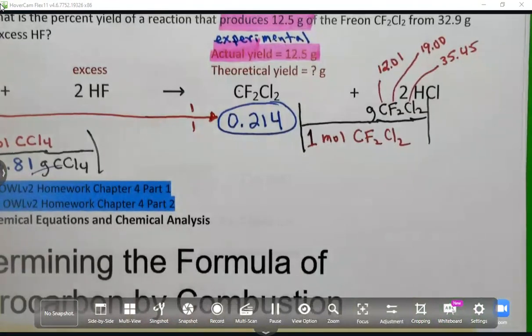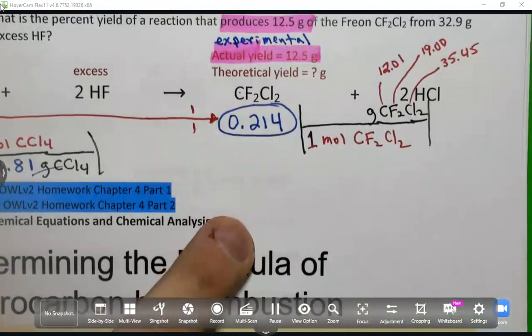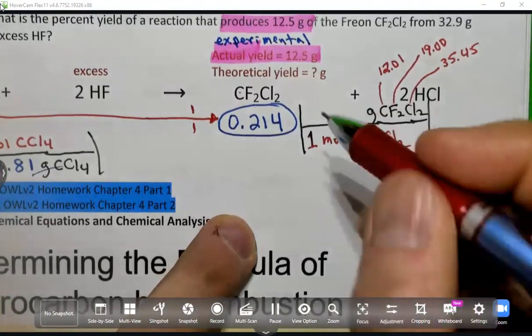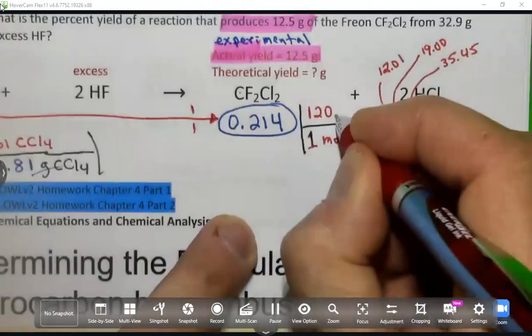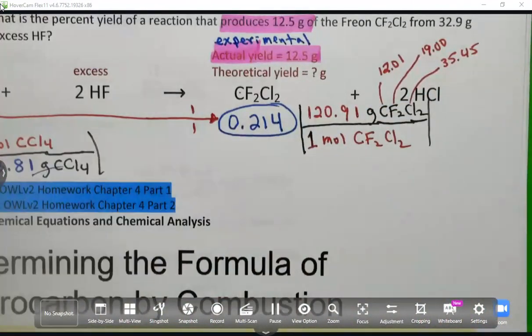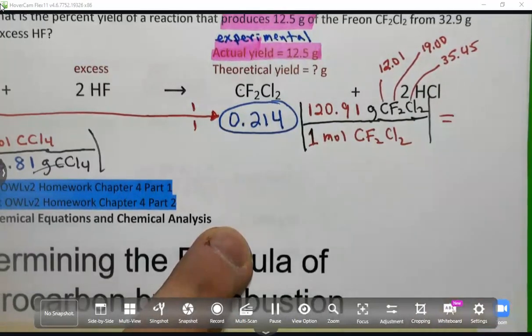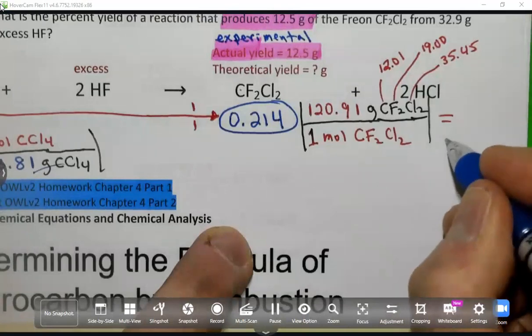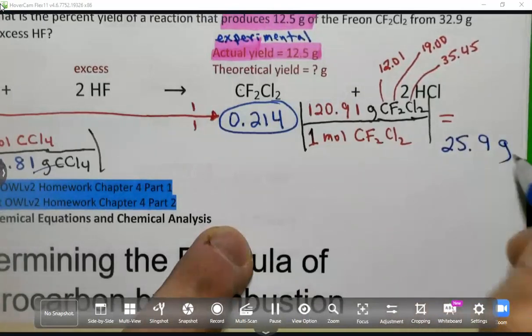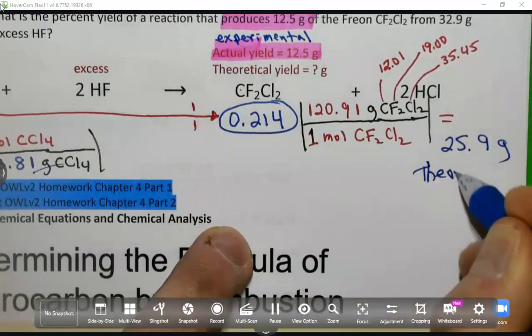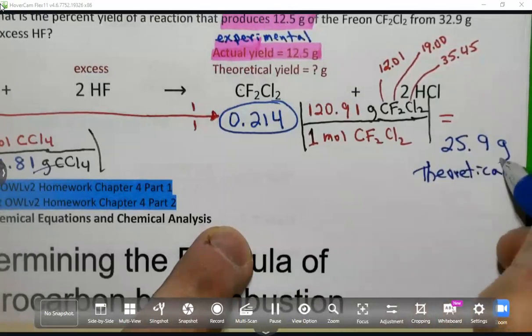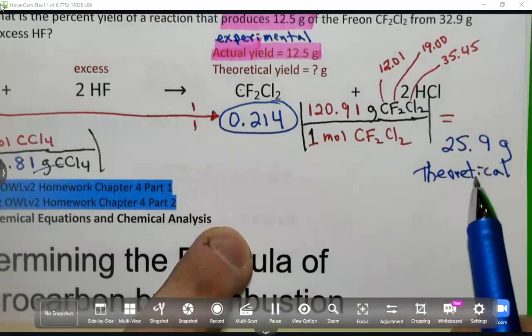I think we get 120.91. 120.91. Okay, good deal. Then 120.91 times 0.214, 25.9 grams we should get. If everything went perfectly, you should get 25.9 grams.